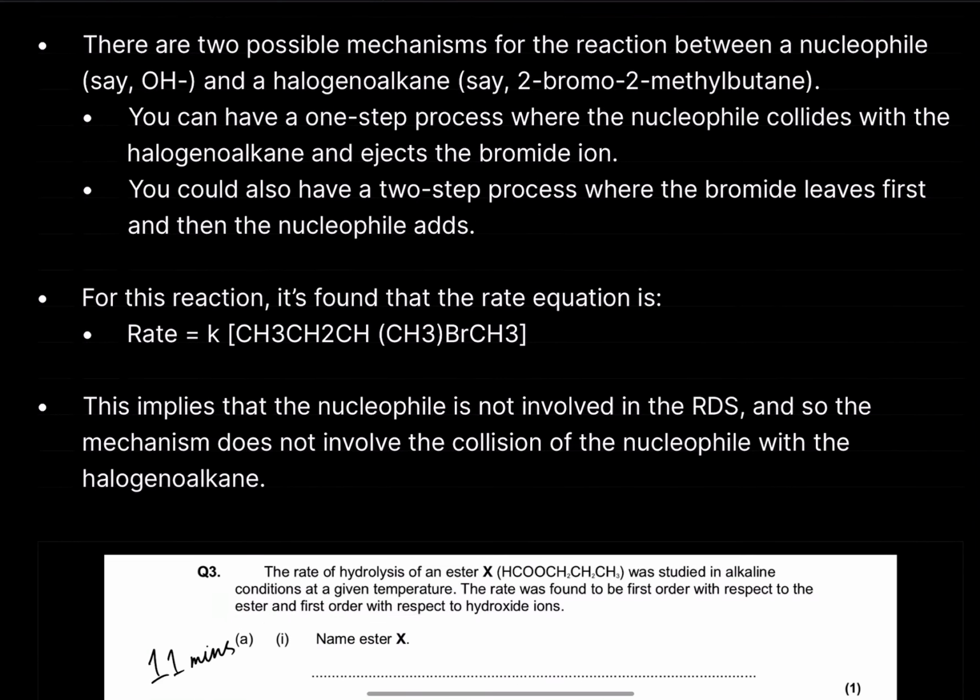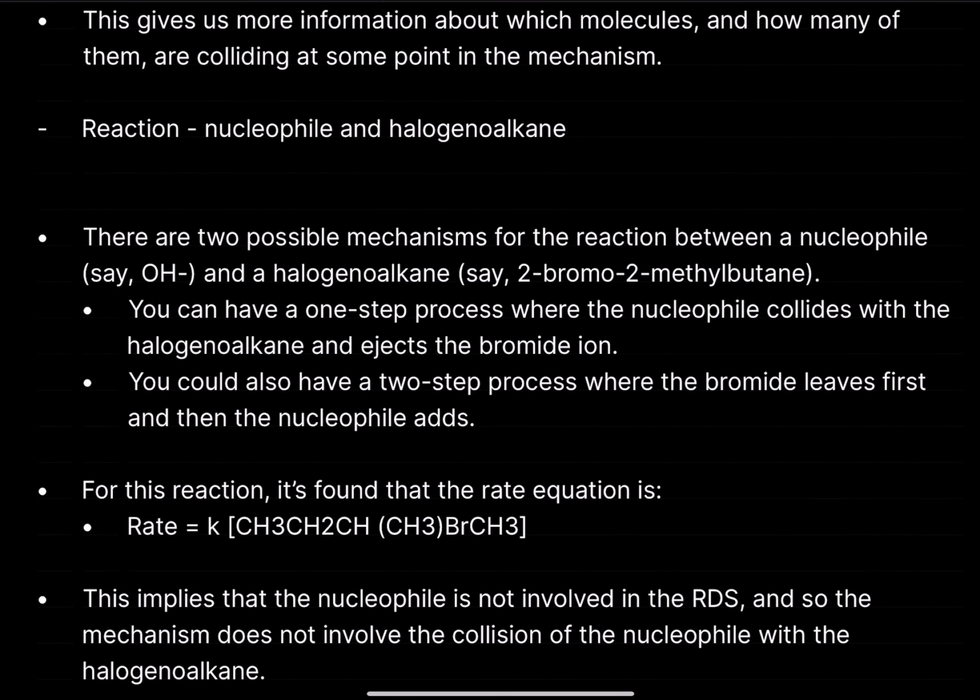It means that if this is a multi-step reaction, where the bromide leaves first before the nucleophile is added, the step in the mechanism that determines the rate of this reaction doesn't involve the hydroxide ion.